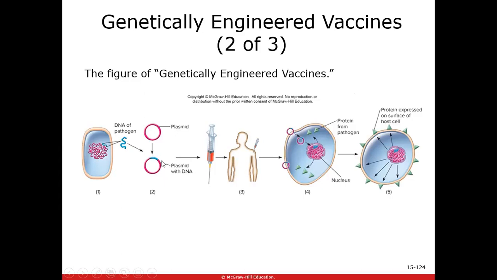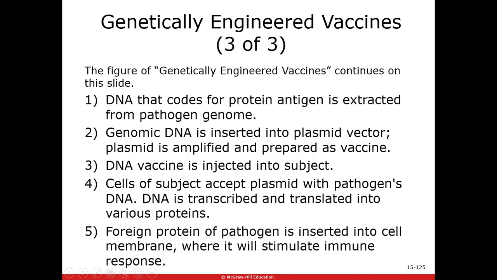Then you inject that plasmid into the human body, it goes into the cell, and it starts replicating this protein that came from the microorganism of interest. The protein from the pathogen is expressed on the surface of the cell. Then all the defenses recognize it and build up immunity against it.